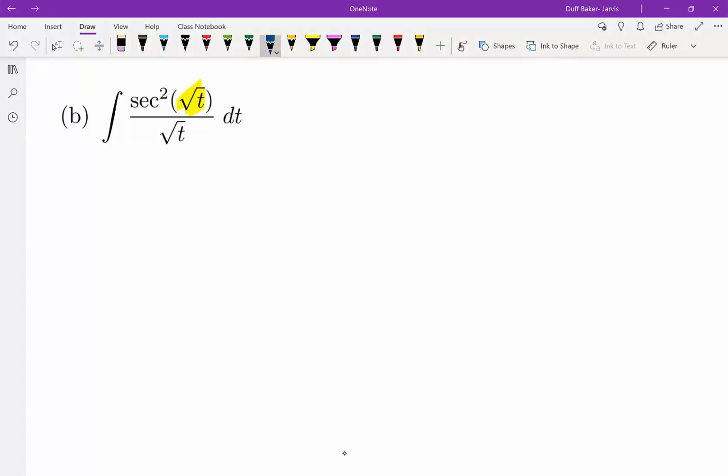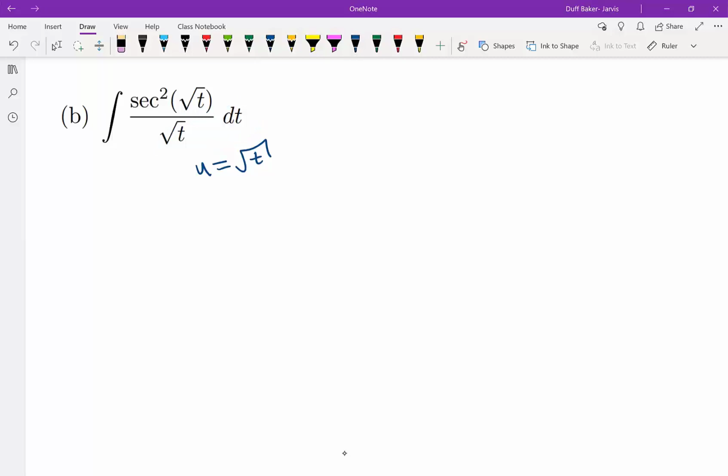So it would be ideal to replace this with a u. Maybe we can try and see if that works. Sometimes you just have to try these things and see if they work out until you get the hang of recognizing. The other thing you could recognize is, what's the derivative of root t? That's 1 over 2 root t.